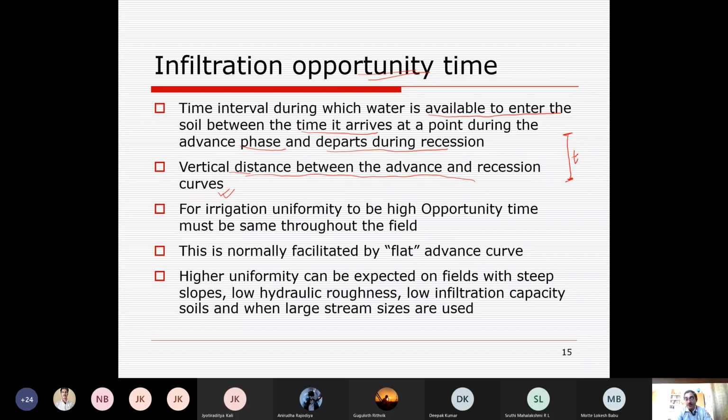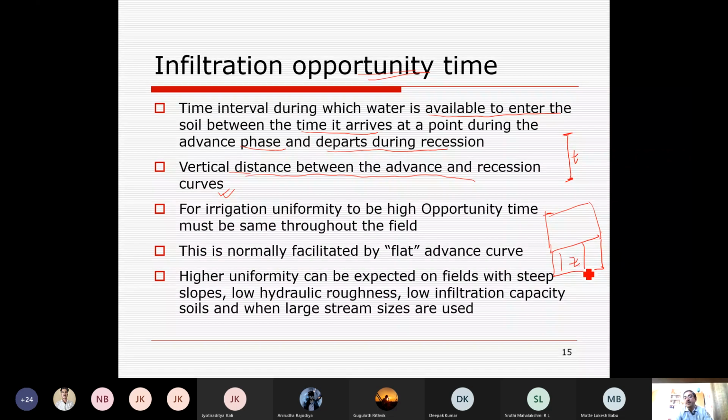For irrigation uniformity, remember our target is that everywhere in the field an equal amount of water infiltrates, so that the root zone gets an equal depth of water everywhere.